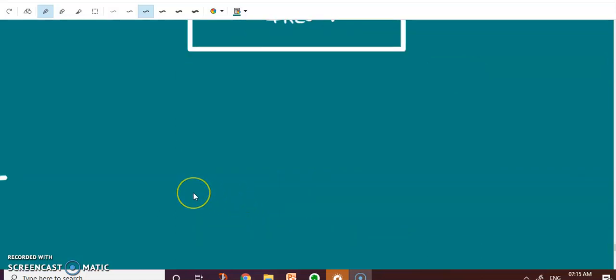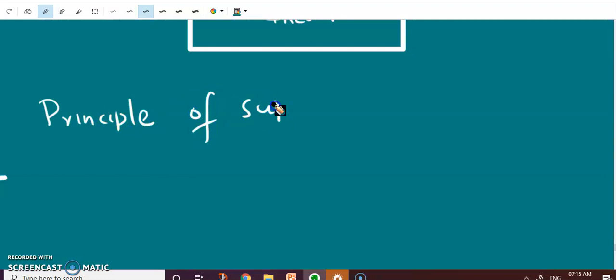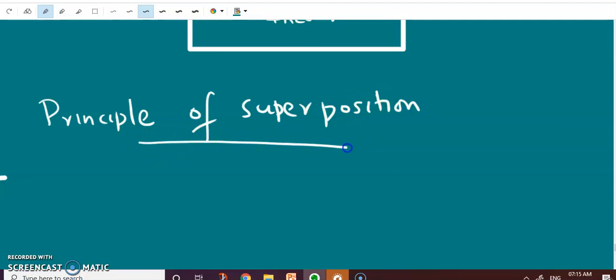So now we discuss the principle of superposition. So suppose we have n number of charges, then what is the resultant electric field intensity? So we have a system of charges Q1, Q2, Q3, etc. up to Qn.